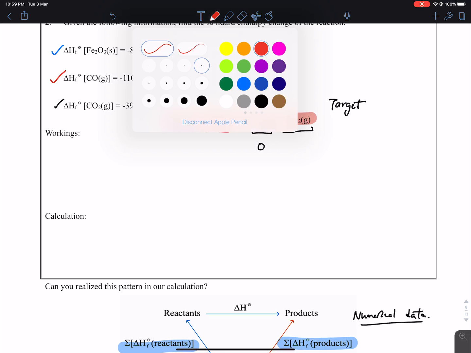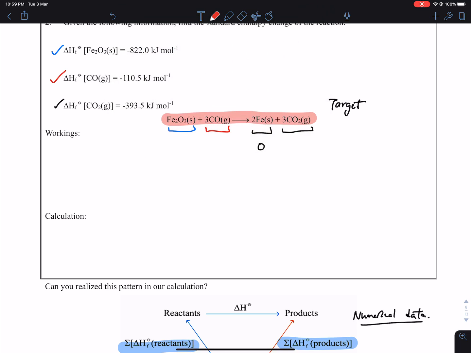But don't forget, because in these equations, you can see 3 CO2 is formed. That means this one should be multiplied by 3 because it forms 3 CO2.